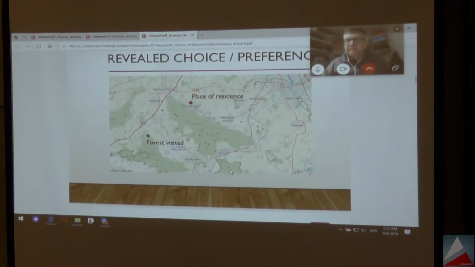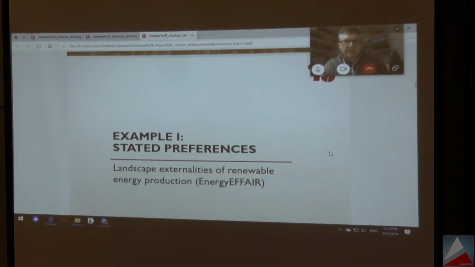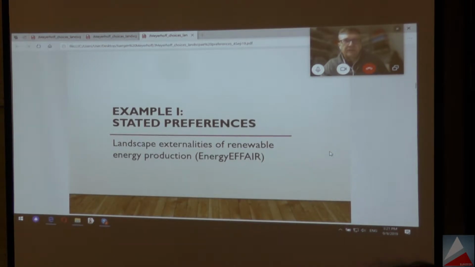In the following part of my presentation, I'd like to present studies we have done where we have used landscapes. I would like to start with example 1, which is about stated preferences.